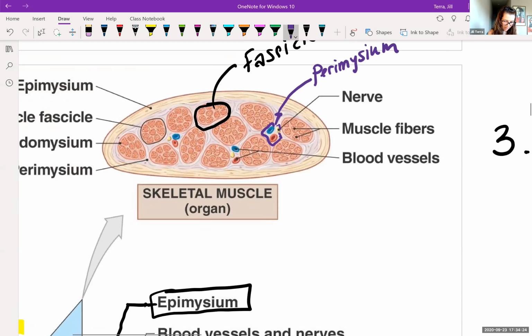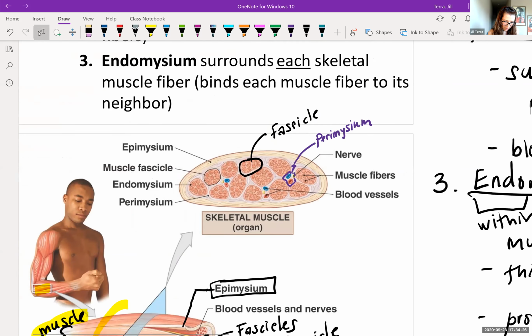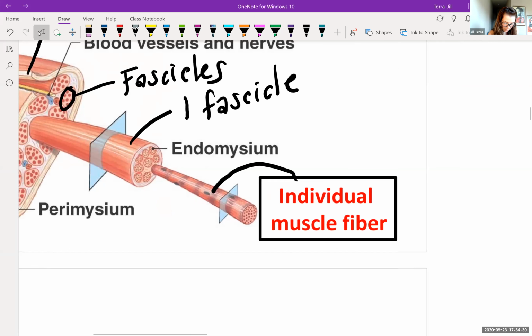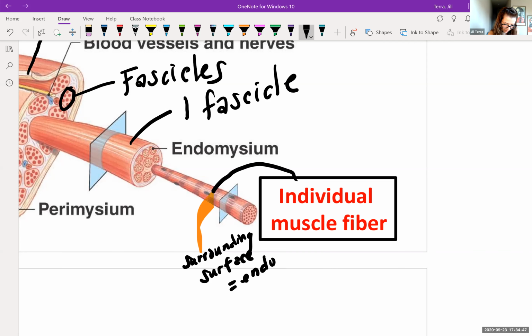And then pulling out an individual muscle cell, surrounding the surface is the endomysium.